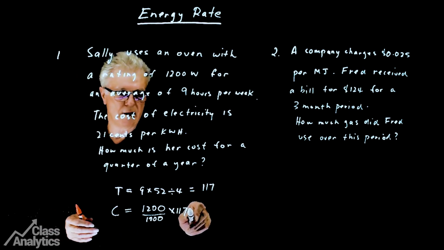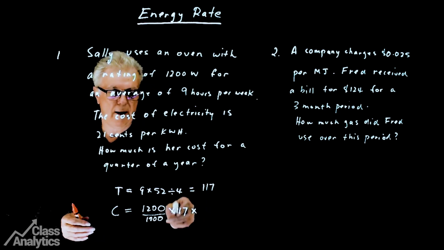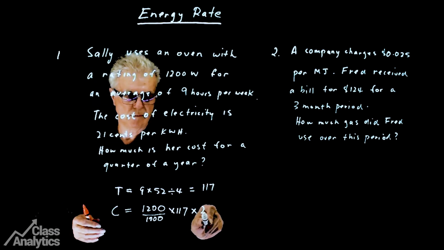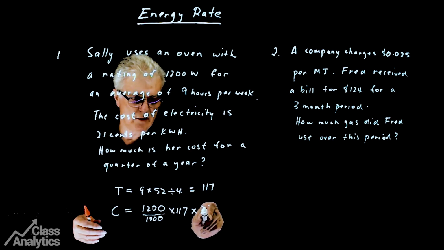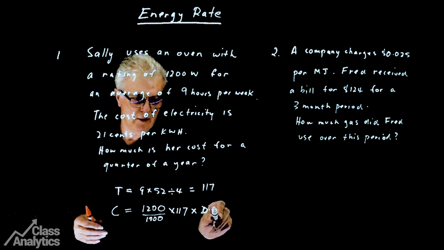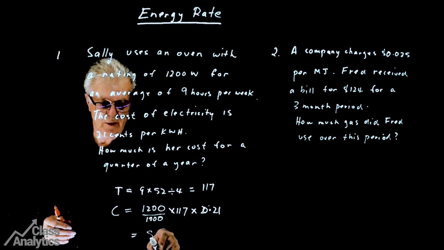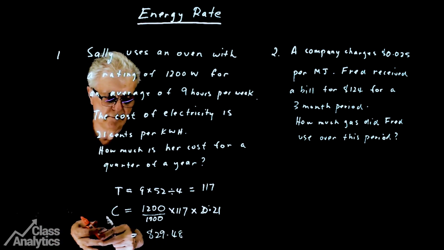And then we multiply it by how much it is per kilowatt hour, the 21 cents, or we'll just change that to 0.21, won't we? And that will give me $29.48 on the calculator.